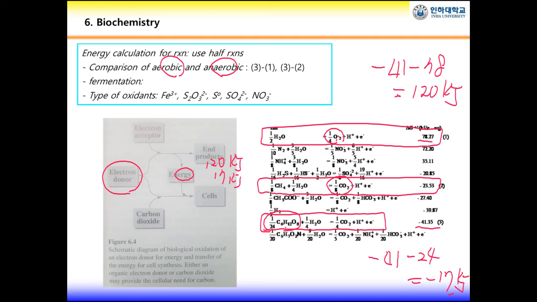So which can grow faster? That's the aerobic case, right? So that's why the aerobic process is always faster than the anaerobic process. Okay.